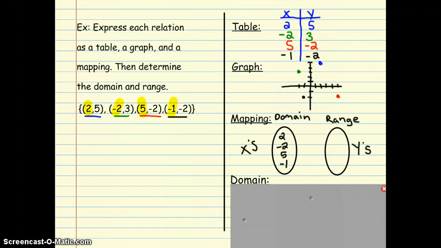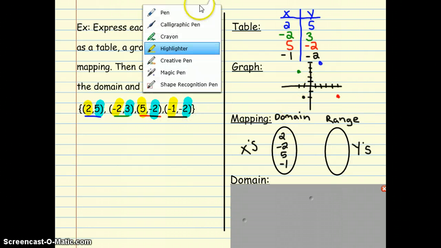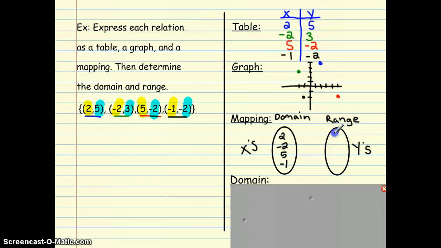And we have our range, our y values, which are going to go on the other side. So I have 5, 3, -2, and actually I have another -2. So I only need to put that -2 in there once.